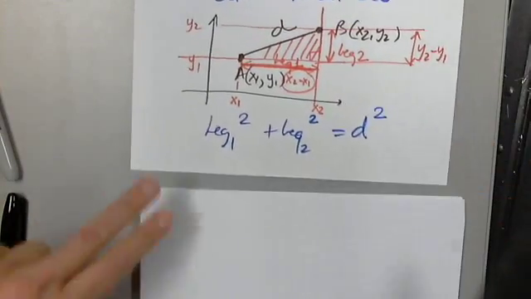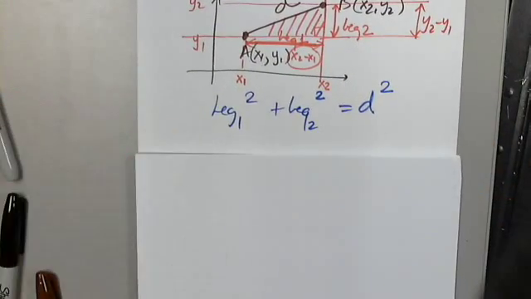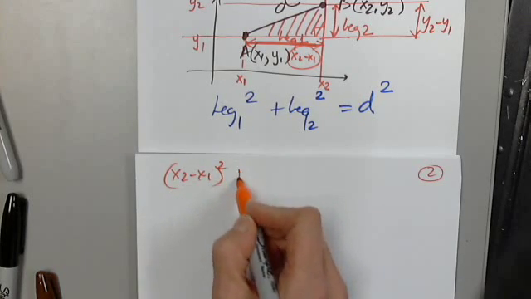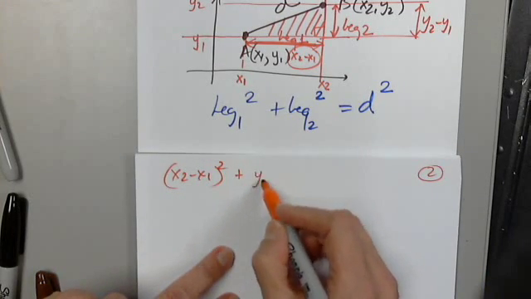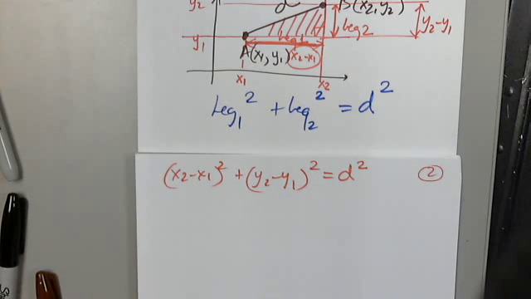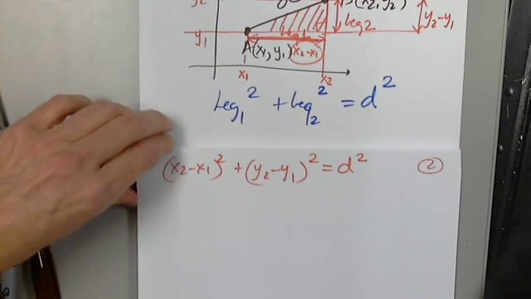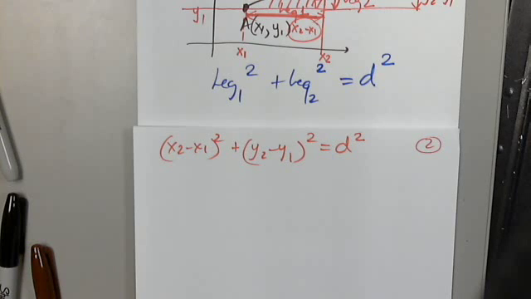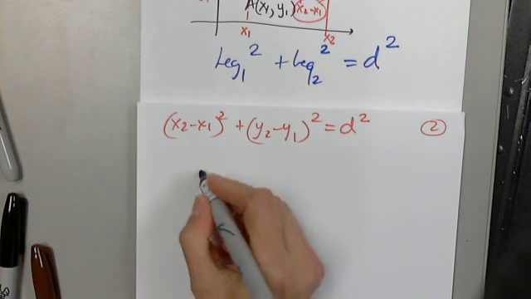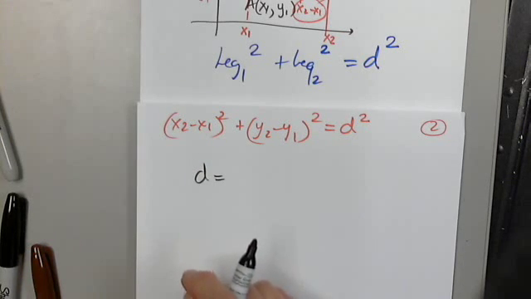I will replace leg 1 by x2 minus x1 squared, and I will replace leg 2 by y2 minus y1 squared, equals the distance squared. Now I will take the square root from both sides because I want the distance, not the distance squared.